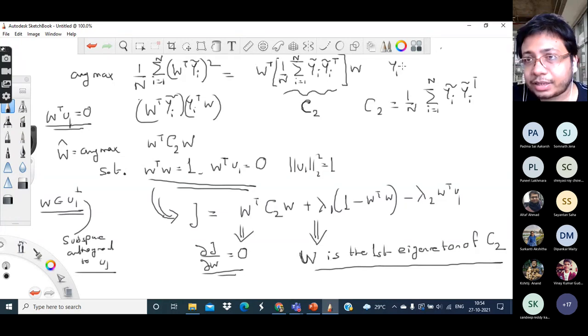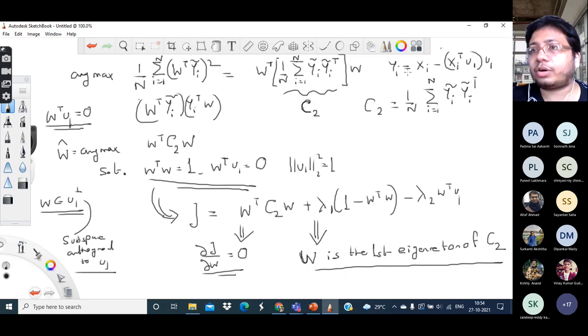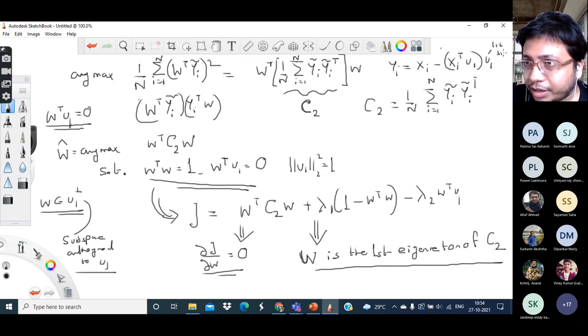Yi is defined as xi minus xi transpose u1 times u1. This is how yi was defined, where u1 is the first eigen or the first singular vector of x.